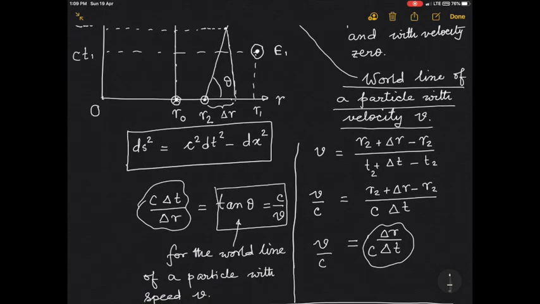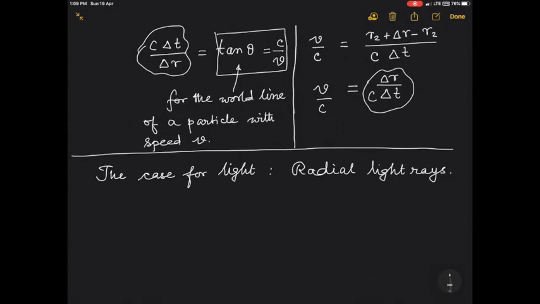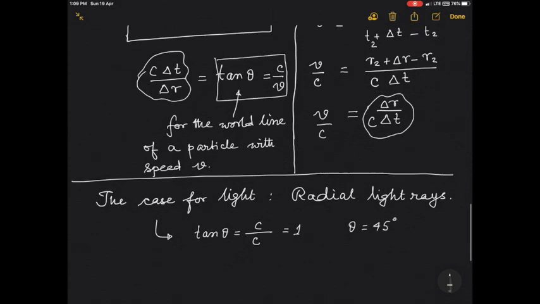What is the velocity of light? The velocity of light is nothing but c. So for light rays, tan theta is c by c, which is 1. So theta is 45 degrees.